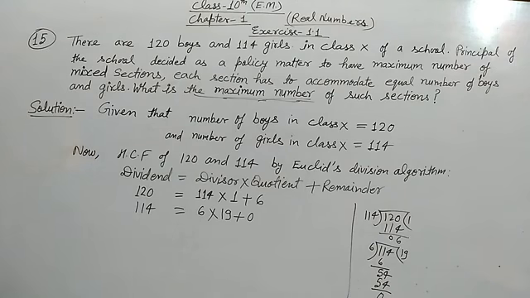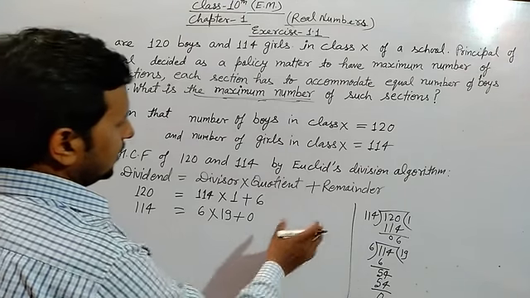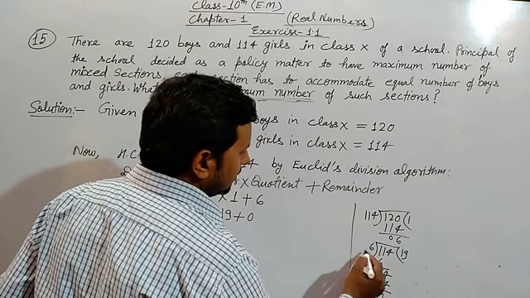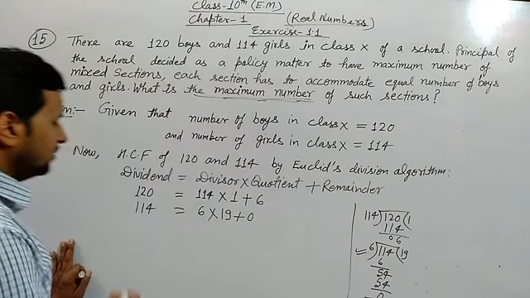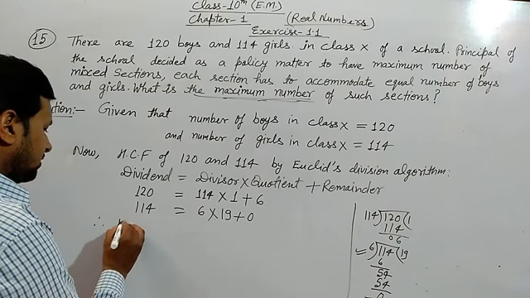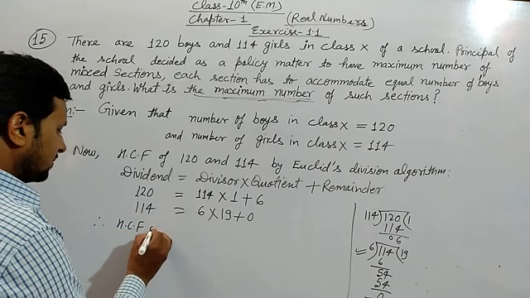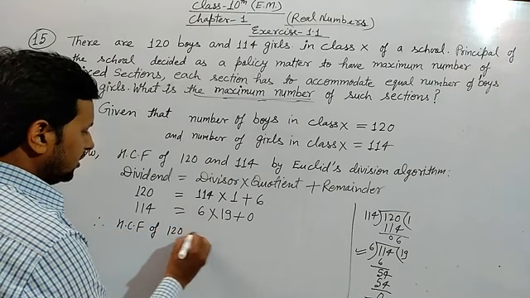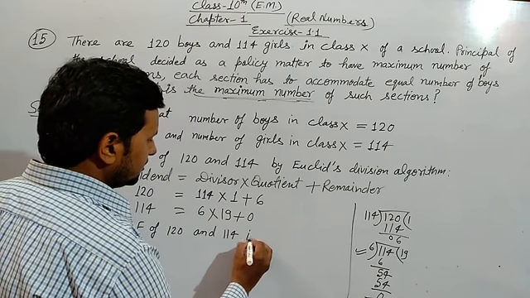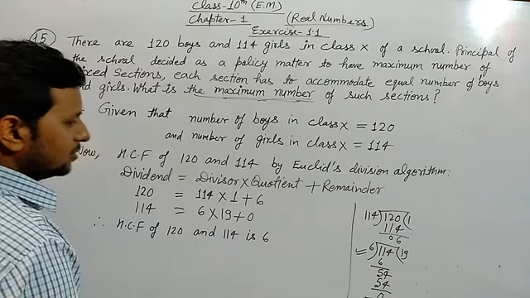And we have studied in this case that when we get remainder 0, then the divisor is always the HCF. So we can say that the HCF of 120 and 114 is 6.